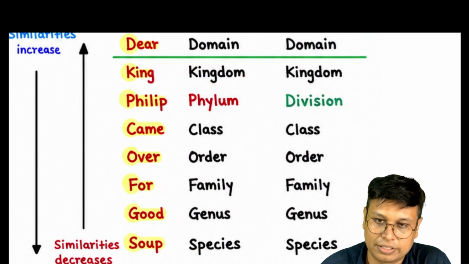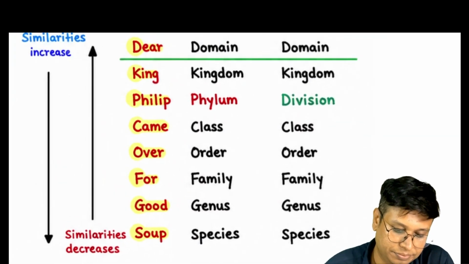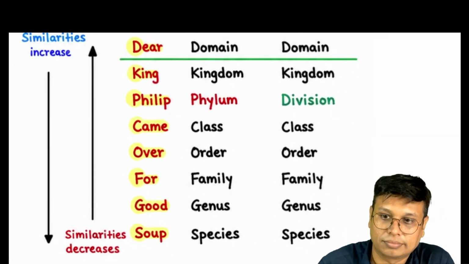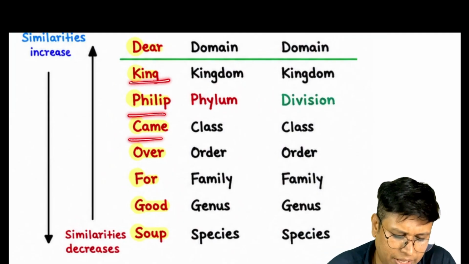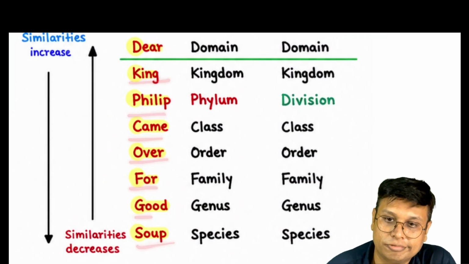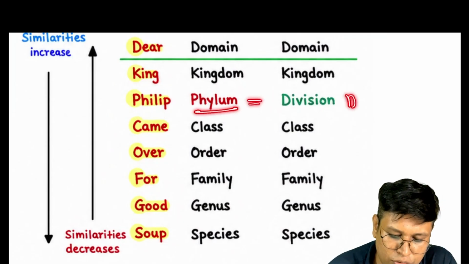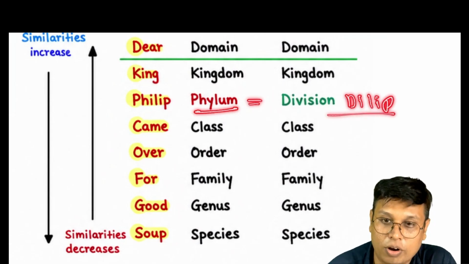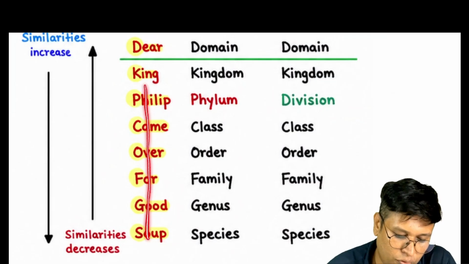That is just a difference for botany. So simply you can add King Philip came over for good soup. Very simple. And instead of Philip for phylum, you can use Dilip for division if you want a special mnemonic. Okay. So simply King Philip came over for good soup.